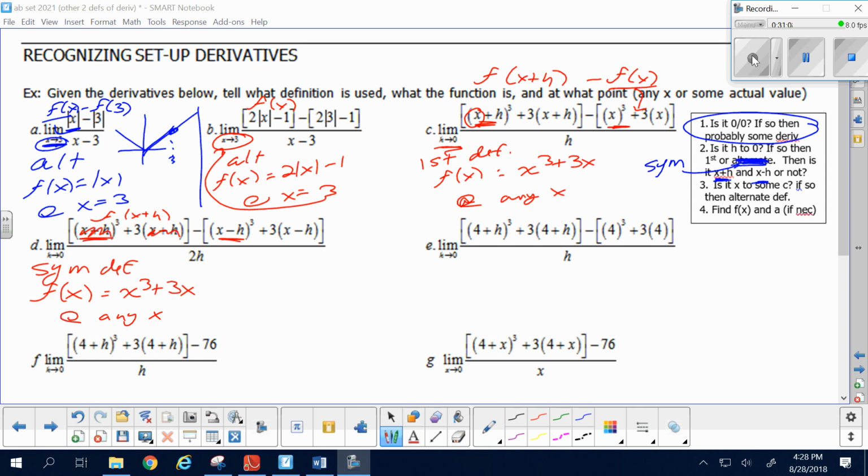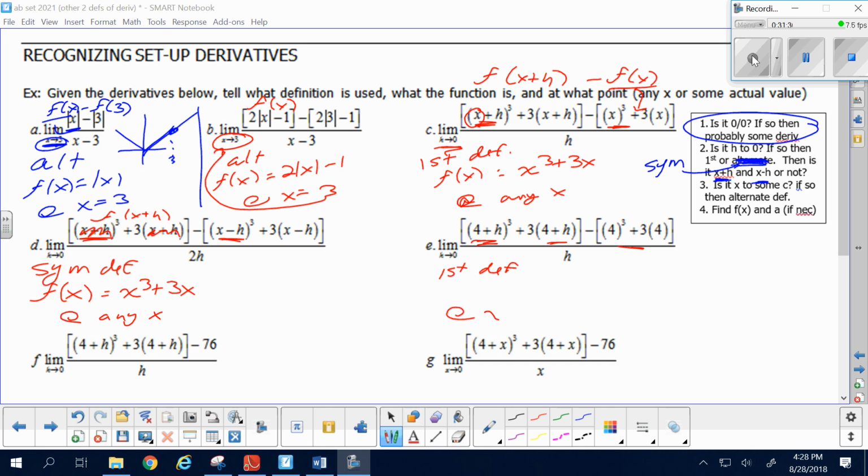All right, go to this guy here. I see h's, and h going to 0, so again I think the first definition, but it doesn't have x plus h and x minus h, just a plus h. So it's more like the first definition because there's no plus h minus h. The function and the point, let's take those two in conjunction. I don't see x's here, so it doesn't feel like it's at any x.